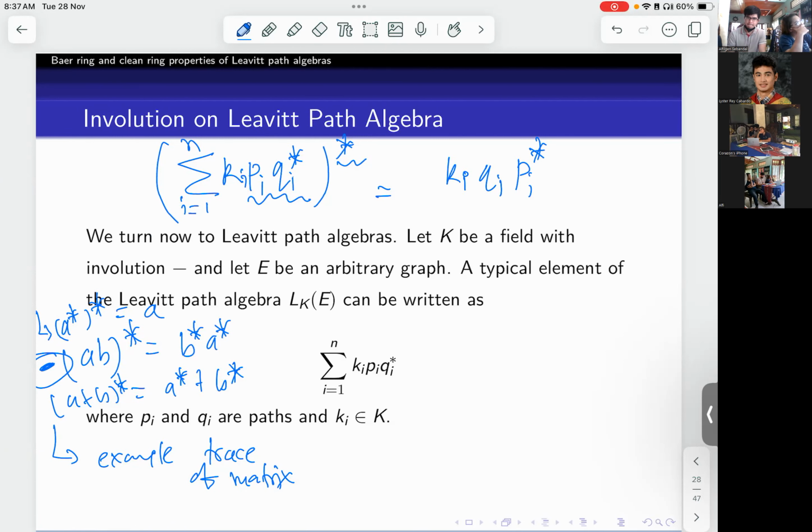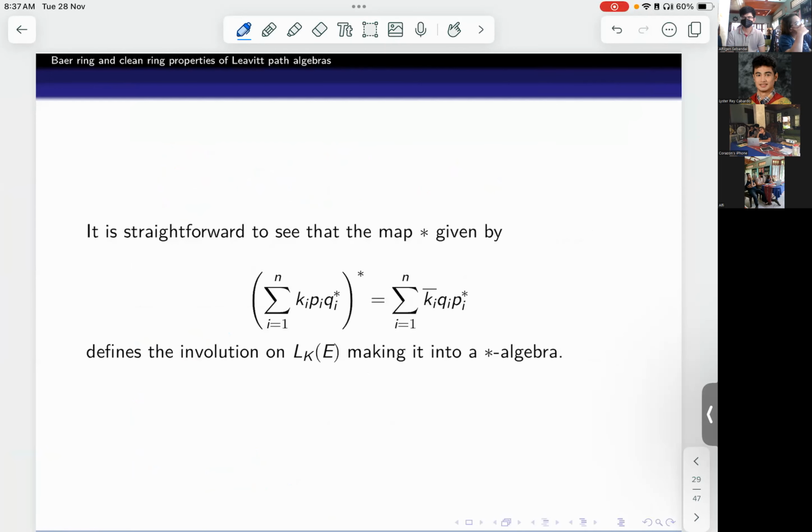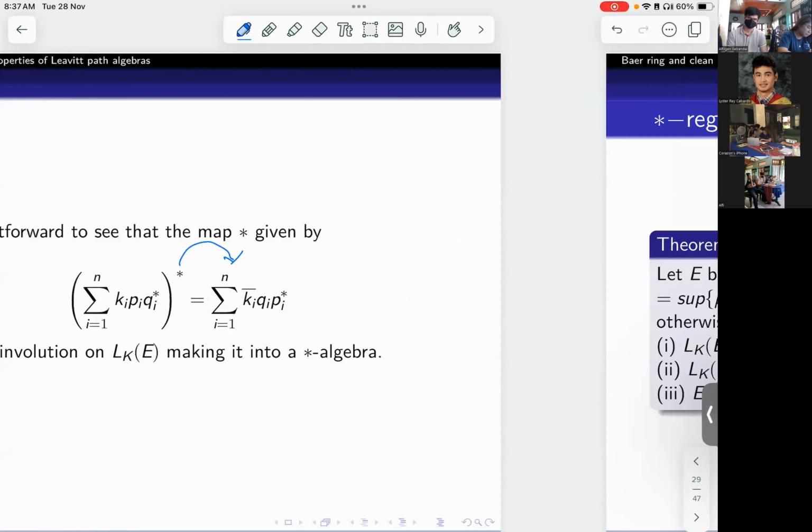So if a field has involution star, bar, then the involution would be defined like this, and that's explicitly how they define this involution. So consider this map on the elements of Leavitt path algebras. The involution we define is like this. It is straightforward to check that this map is indeed an involution.